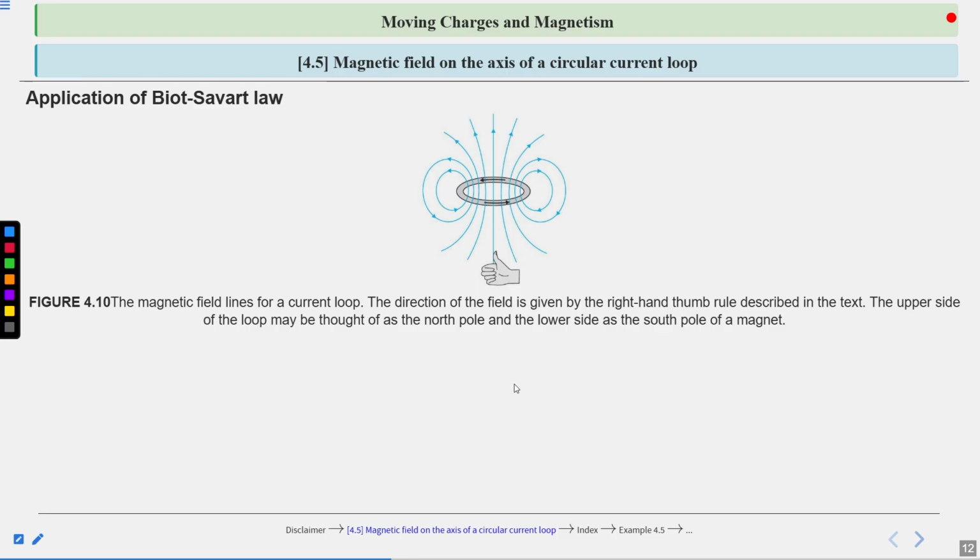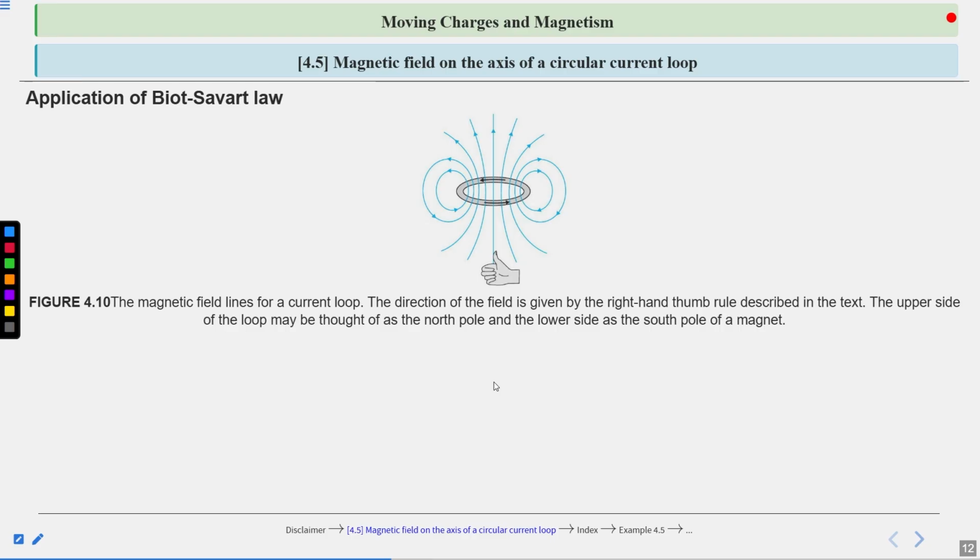Okay, now there is a trick. If you are facing some end of the loop, if the direction of current on the face of the loop which you are seeing is anti-clockwise, then that end of the loop is the north pole.